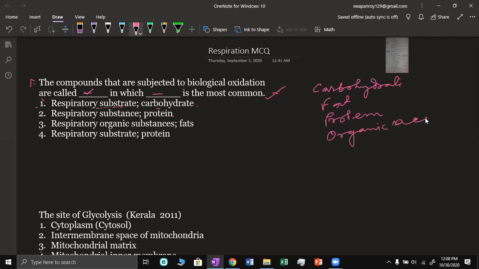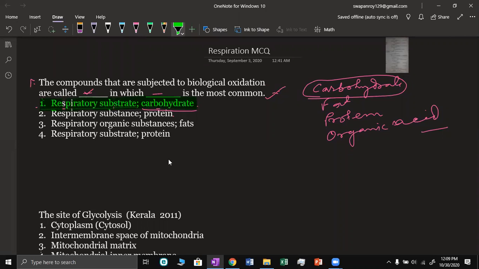These are all respiratory substrates, but the most common one is carbohydrate. So the compounds that are subject to biological oxidation are called respiratory substrates, in which carbohydrate is the most common one. So our answer is respiratory substrate and carbohydrate.